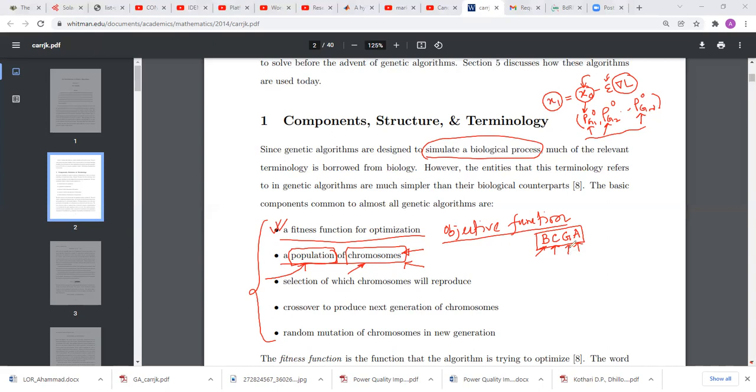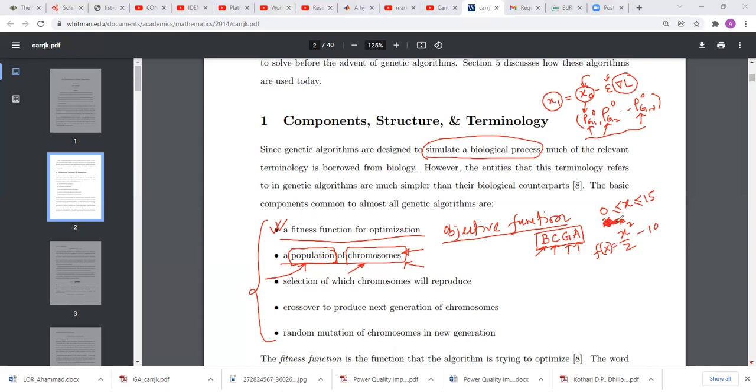Let's say for any optimization problem, a single variable x, the probable solution can vary from 0 to 15. There is a function, let's say x square by 2 minus 10. This is your f of x, your objective function.